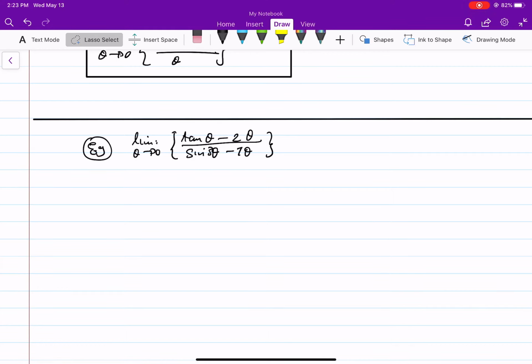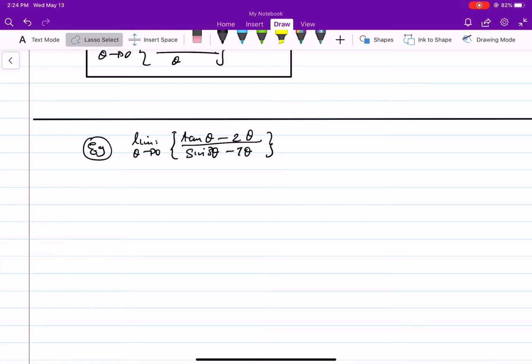Now, remember, we don't have a limit for tan, so we got to change that tan to sine over cos. The sine 3 theta, somehow we got to get sine 3 theta over 3 theta in that case. So it appears as if we got to break up the tan into sine over cos.